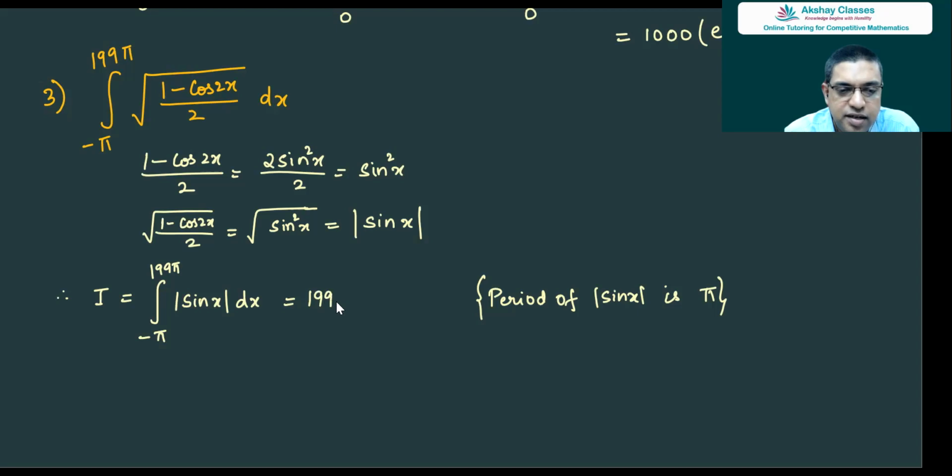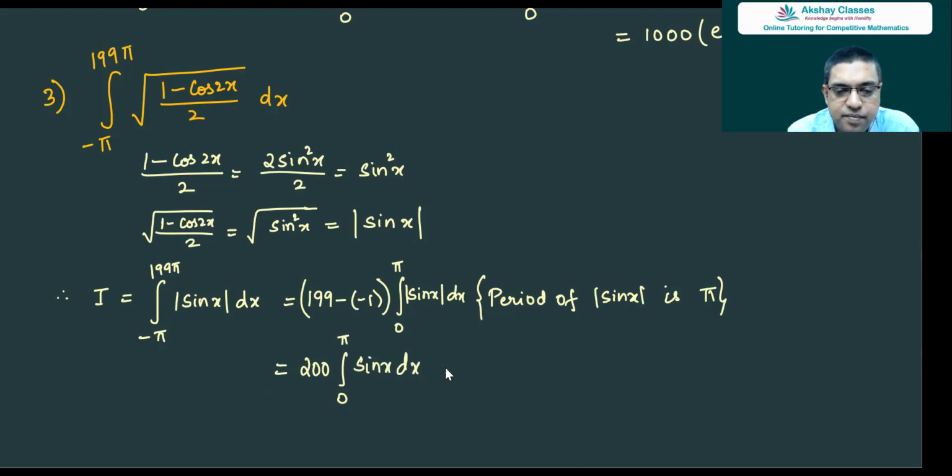So this is 199 minus of -1, times the integral from 0 to pi of mod sine x dx. Okay. This is 200 times this integral.